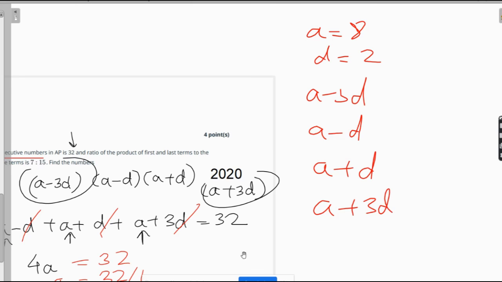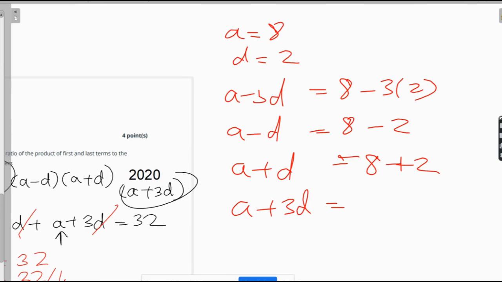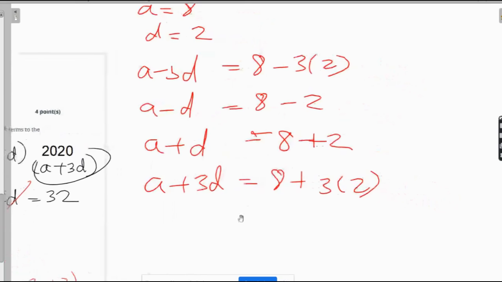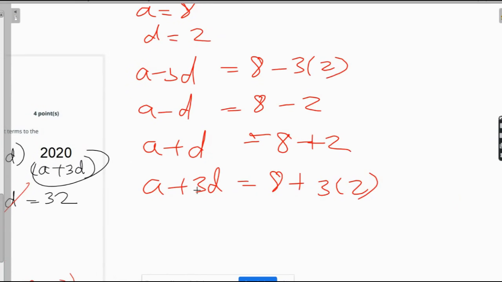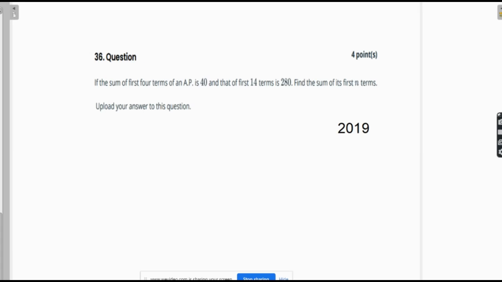So a goes here, 8 minus 3 into 2, 8 minus 2, 8 plus 2, 8 plus 3 into 2. So you get your answers this way. 8 minus 6 is 2, 6, 10, 8 plus 6 is 14. So this is your answer.